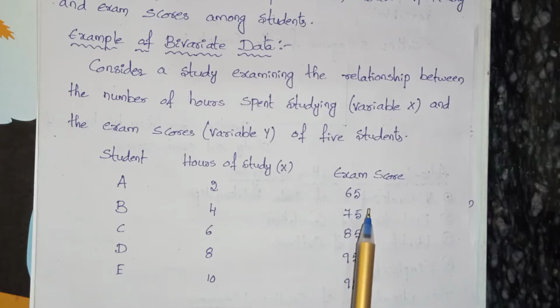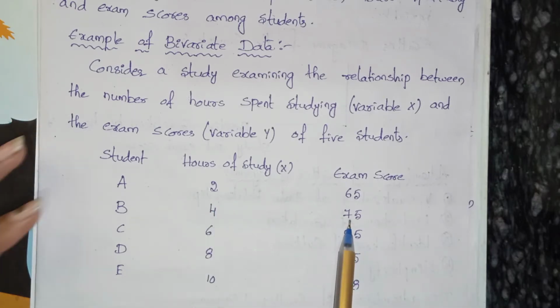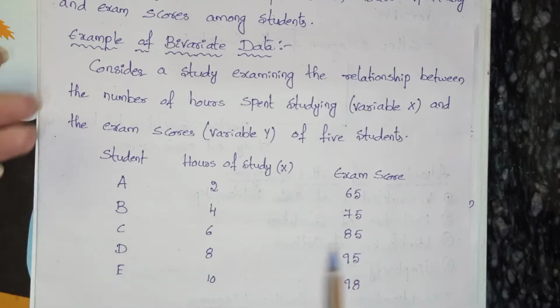In rare cases you may think, madam, I will study just 1 hour and score 100 marks. In rare conditions that happens, but normally not for all students. So 4 hours, the score will increase, 6 hours somewhat more, 8 hours 95, 10 hours 98. So depending on the study hours, the score increases.